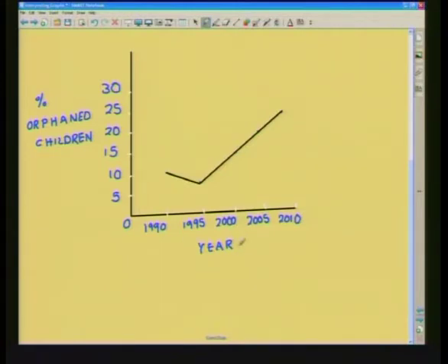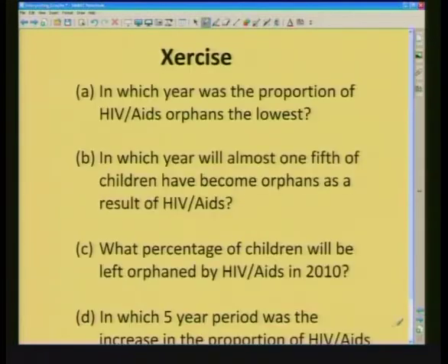We see that on the years, which is on the x-axis, we are going up in 5-year periods, and we're going up in percentages of 5 on the y-axis. The first part would like us to tell them in which year was the proportion, that's the same as saying percentage, of HIV and AIDS orphans the lowest.